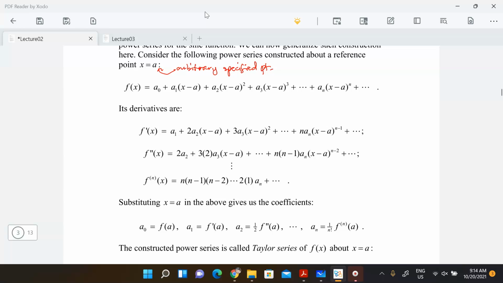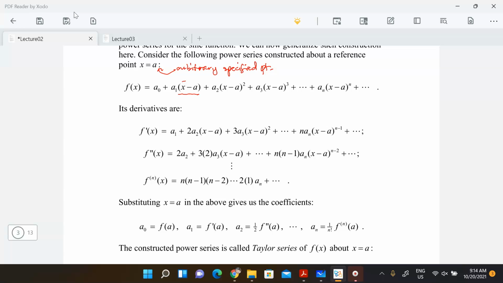Essentially what happens in this particular case, you don't just have your x's, but you have your x minus that point. So you expand it in terms of powers of that. Here your function f of x has first the zeroth order term, which is x minus a to the zeroth power, which equals 1, and then the first power, second order power, quadratic power, then cubic power, and so on and so forth.